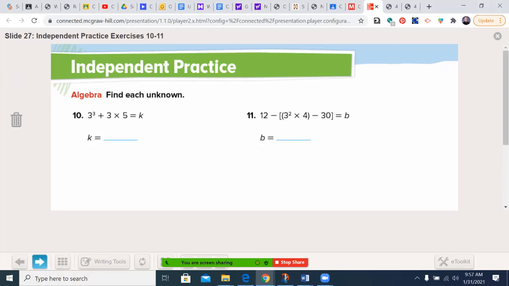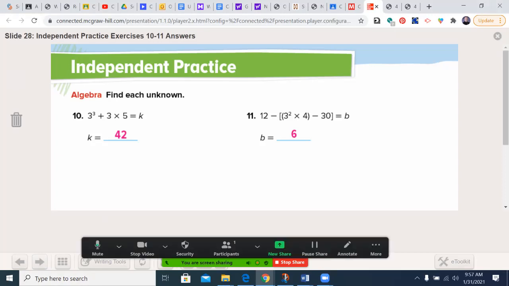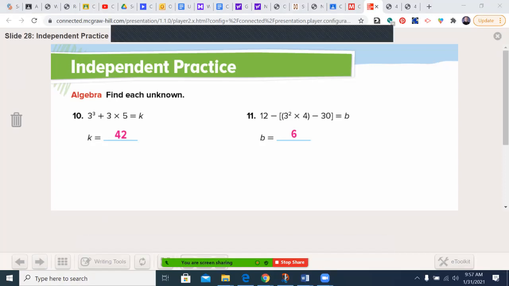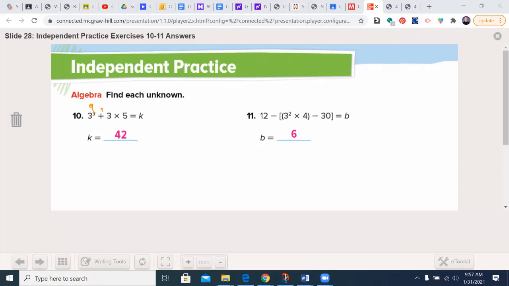Welcome back. Let's see how you did. On this one, 3 squared is 9, plus 3 times 5 is 15. No, that's 27. My fault. 27 plus 15 is 42. Because 3 cubed, I wrote it as 3 squared in my rush, but it is 3 cubed, unlike the one over here.